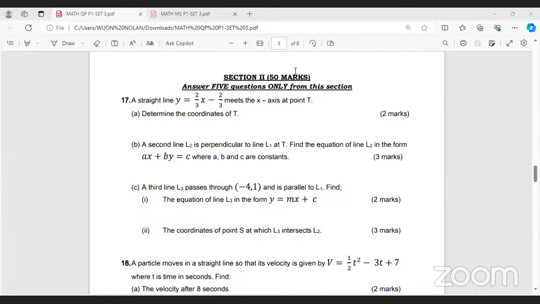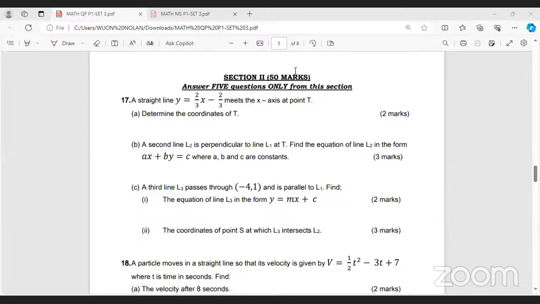So for that equation given, we substitute y with 0. So we'll have 0 equals 2 over 3x minus 2 over 3. Then you solve that equation for x.